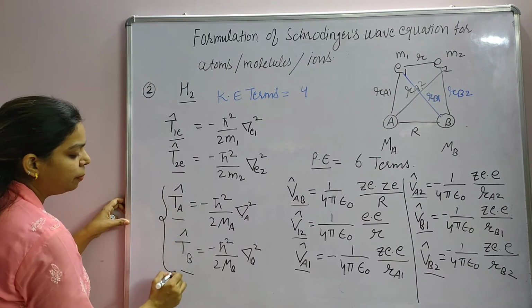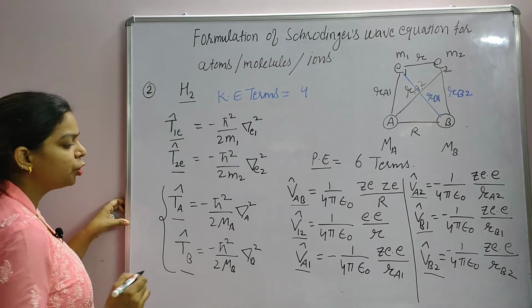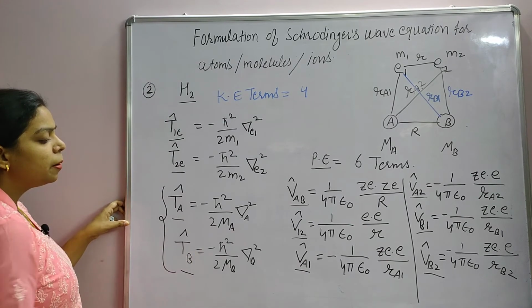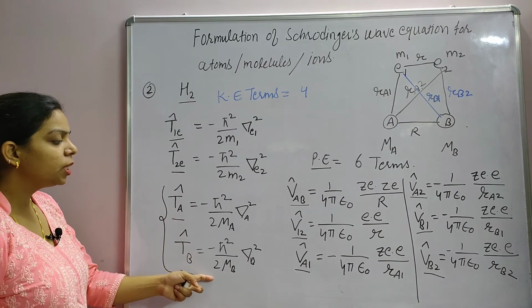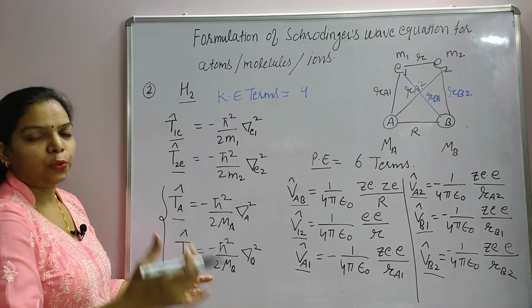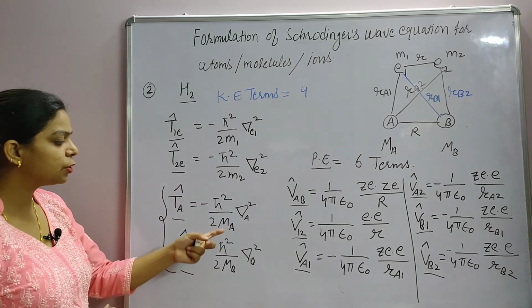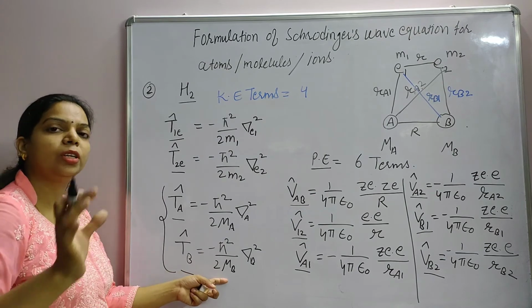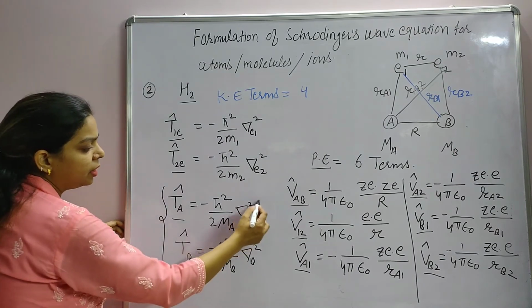If you apply the Born-Oppenheimer approximation, you can neglect these 2 terms because these correspond to the kinetic energy of the nuclei, 2 nuclei, because mass of the nucleus is very heavy as compared to the electrons. So we can neglect these terms.